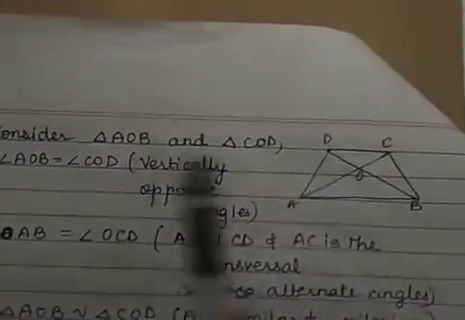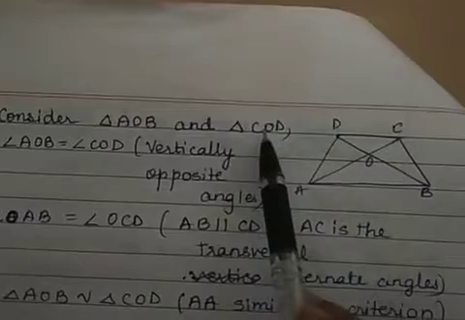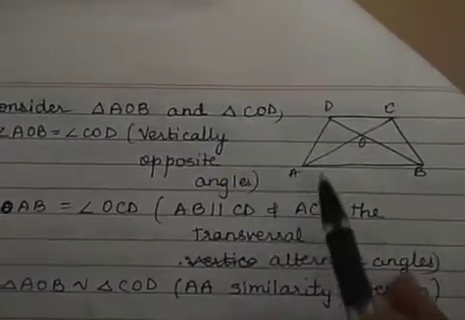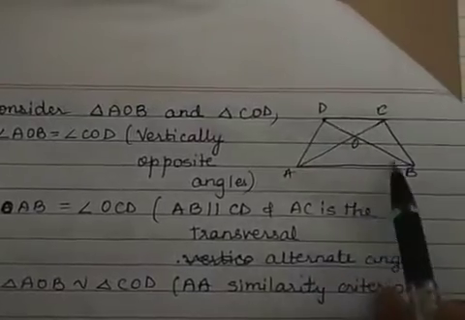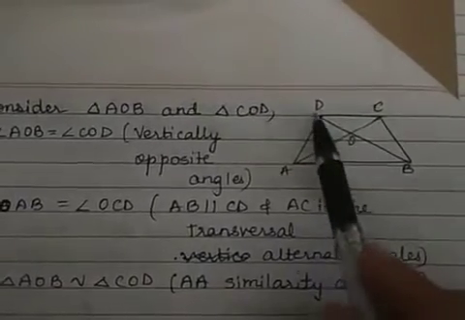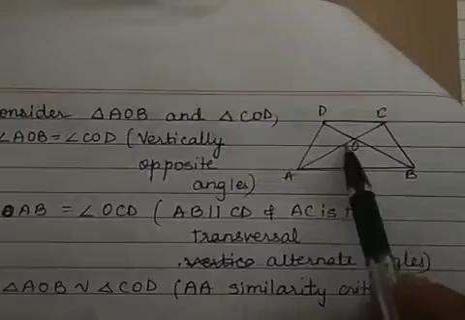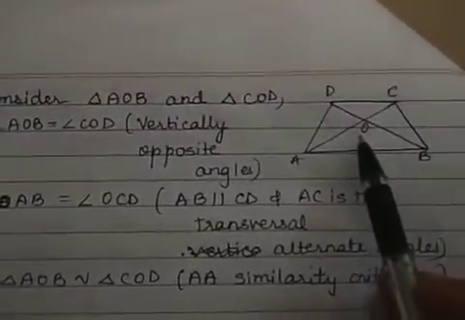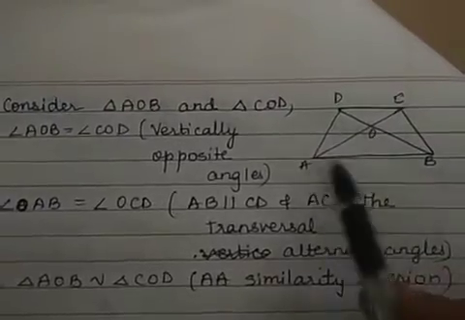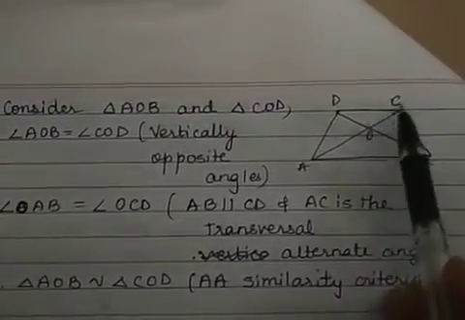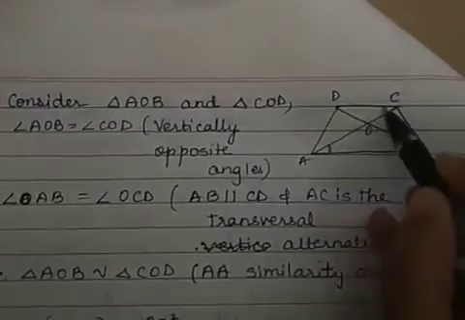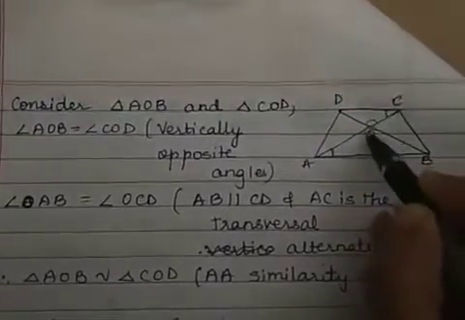So consider triangle AOB and triangle COD. Let us find some conditions to prove this. Angle AOB is equal to angle COD. What is the reason? They are vertically opposite angles, correct? Then angle OAB is equal to angle OCD. What is the reason for it?